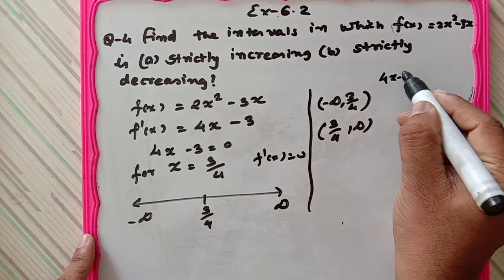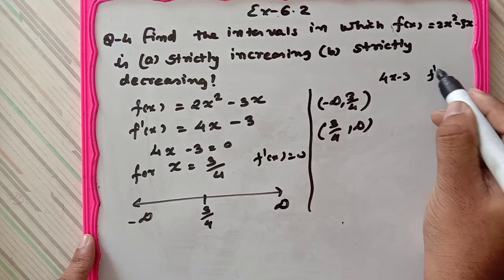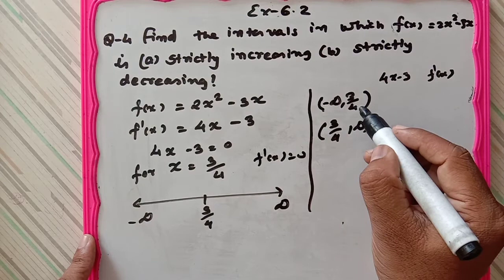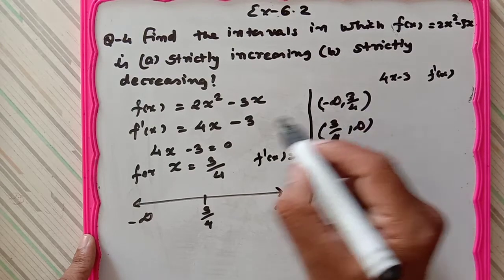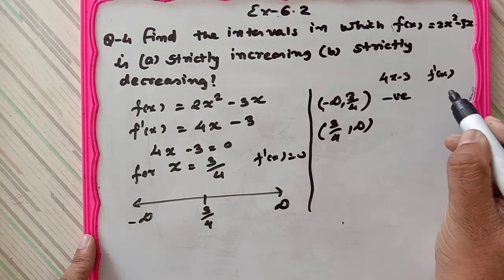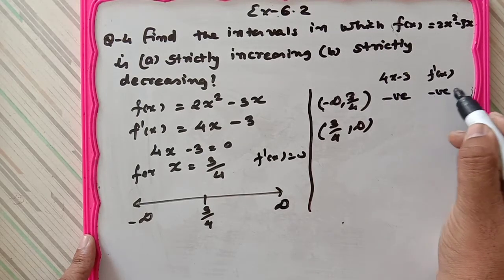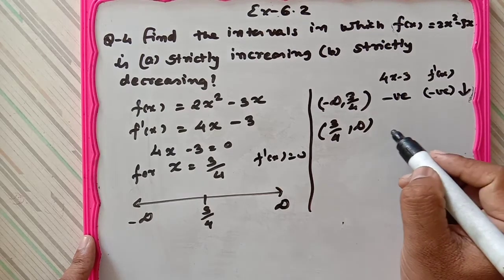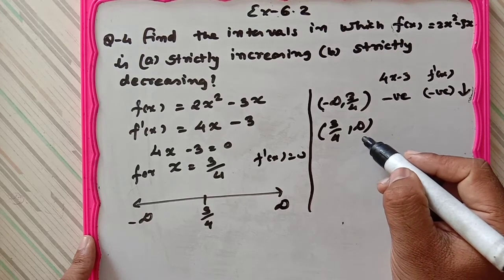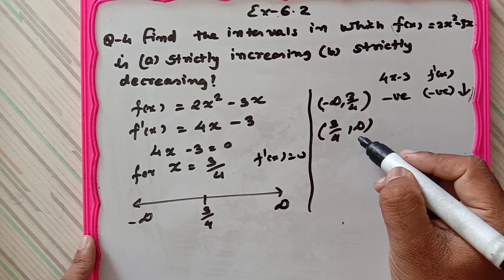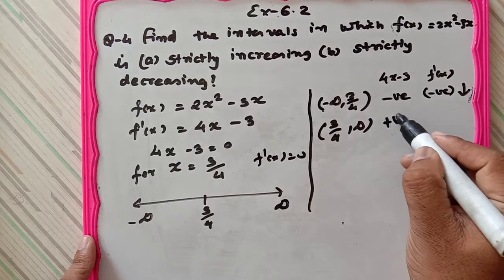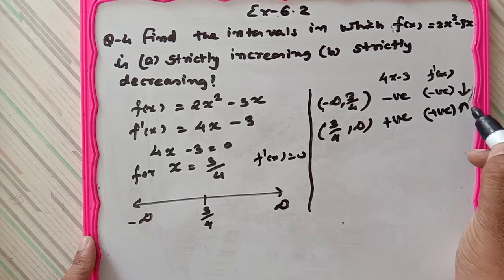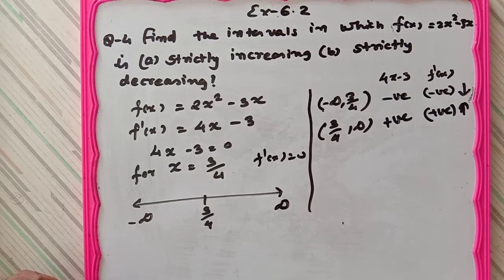So here 4x − 3 and here f'(x). For minus infinity to 3/4, if we substitute −1 then it gives negative values, and so f'(x) is negative, so in that interval it is a decreasing function, while for 3/4 to infinity, if we take any value, it is positive, and so f'(x) is positive, so the given function is increasing.